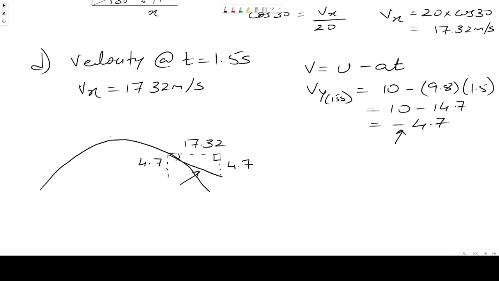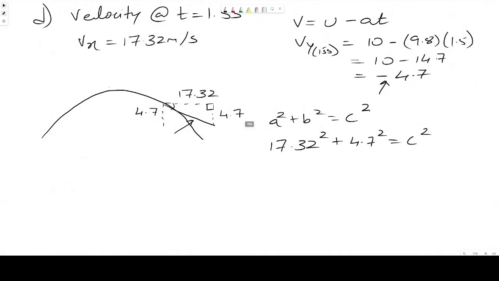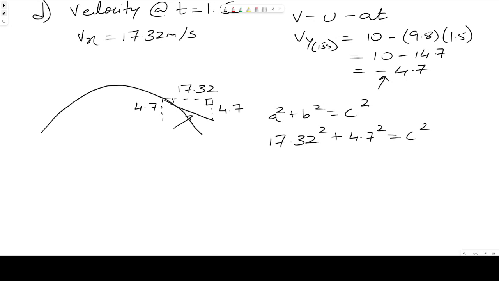To use Pythagoras theorem to find the speed, a squared plus b squared is equal to c squared. So it'll be 17.32 squared plus 4.7 squared is equal to c squared. I'm just going to quickly solve this. So my velocity at 1.5 seconds is going to be 17.94 meters per second.